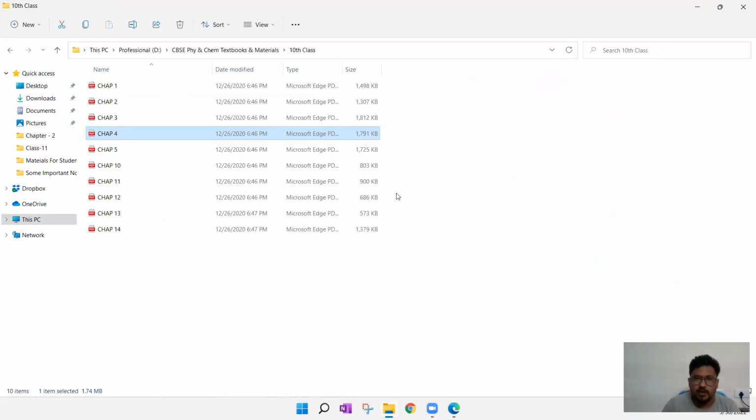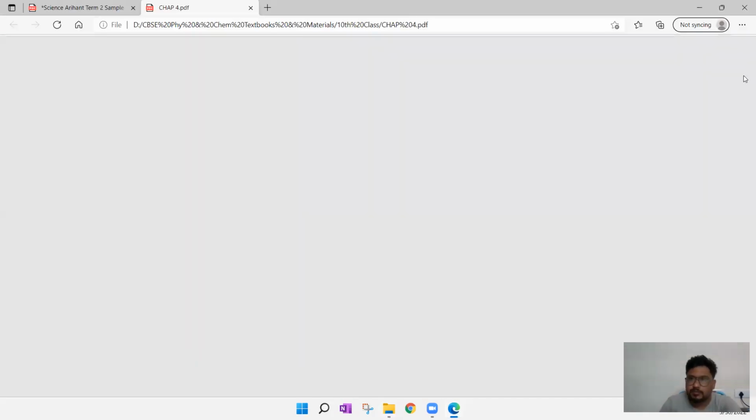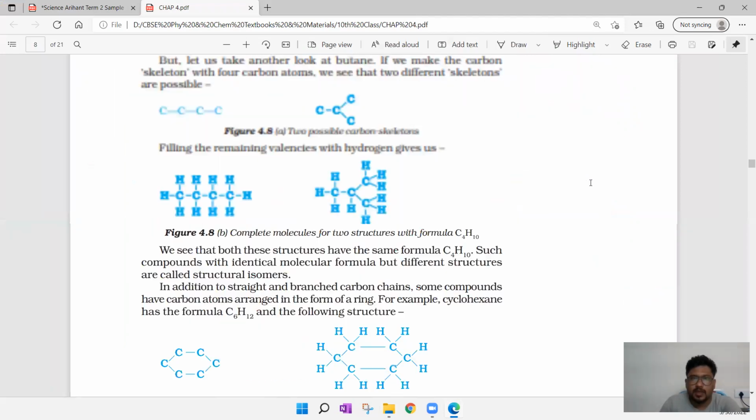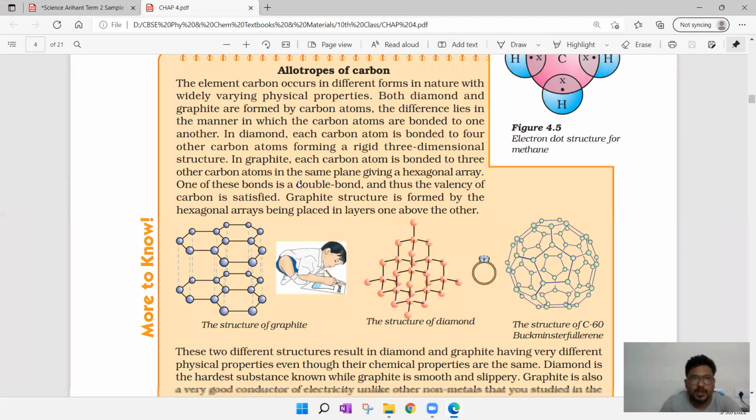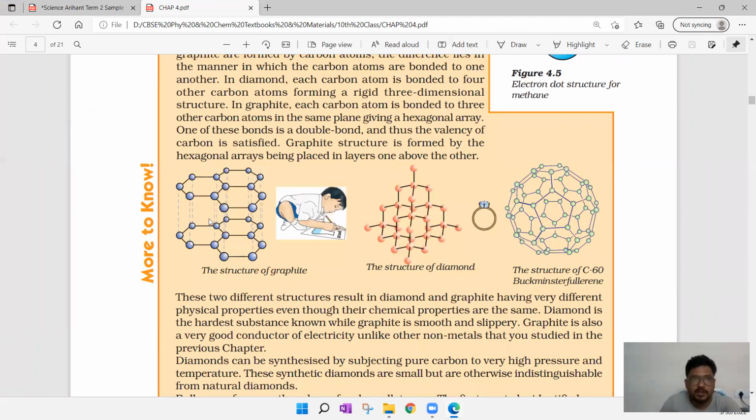Okay, meanwhile, let us just see. From this orange box, you see, this is the structure of graphite, and here they have given: each carbon bonded to 3 carbon atoms in the same plane, given in a hexagonal array.